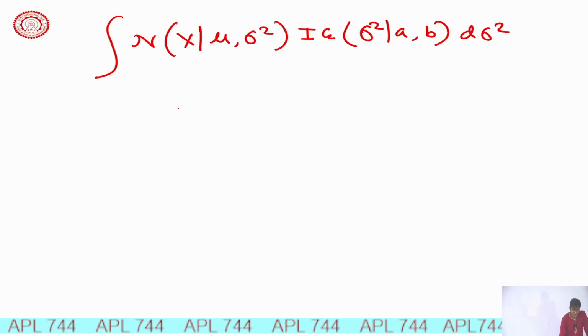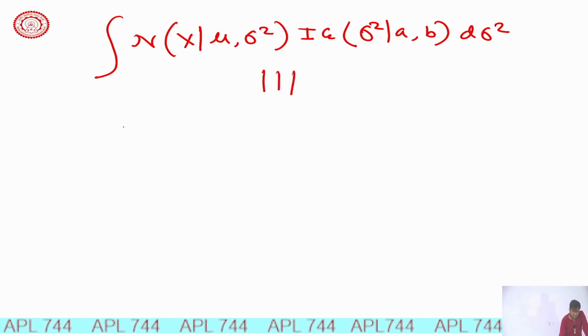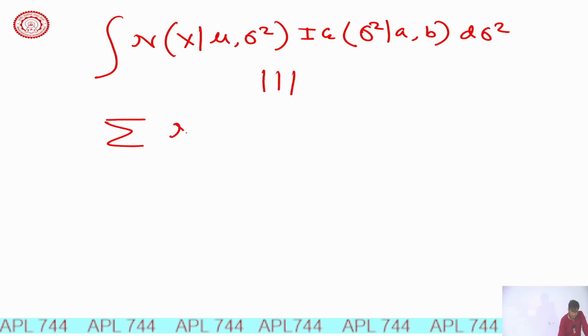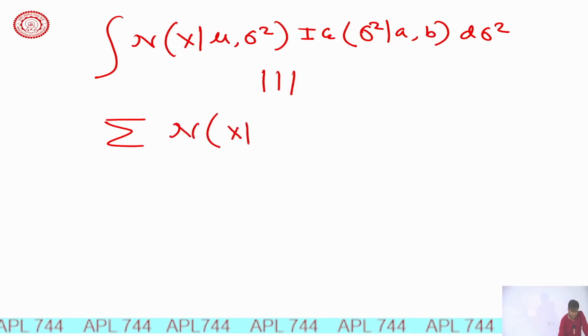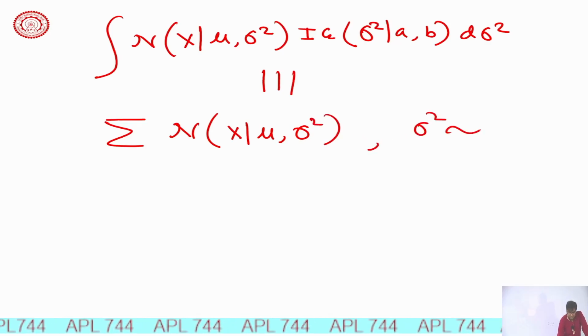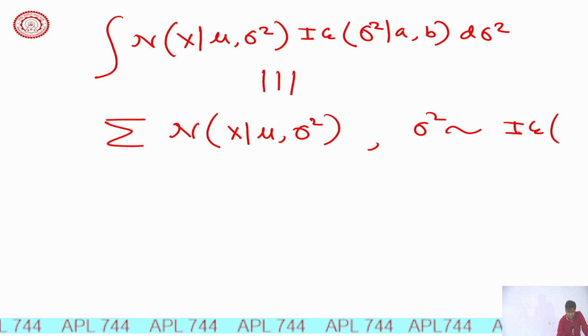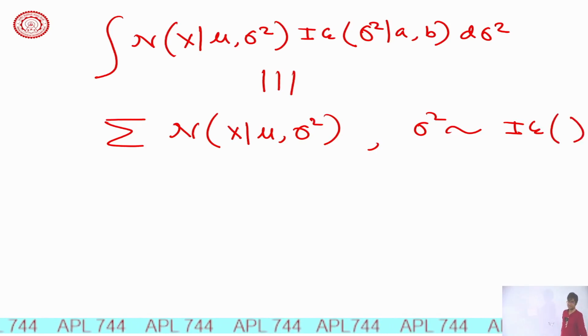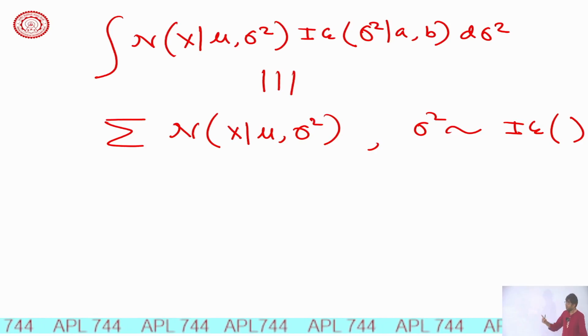So this is equivalent to a summation over Gaussians with sigma square, where sigma square is coming from some inverse gamma distribution. Are you able to relate these two things?